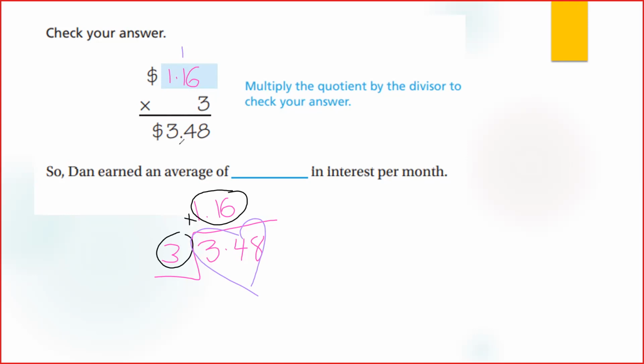Then 3 times 1, 3. And then how many decimal places do we have here? 2 places. So it will be here. So do we have the same dividend? Yes. So that means my answer is correct. This is the idea of the lesson.